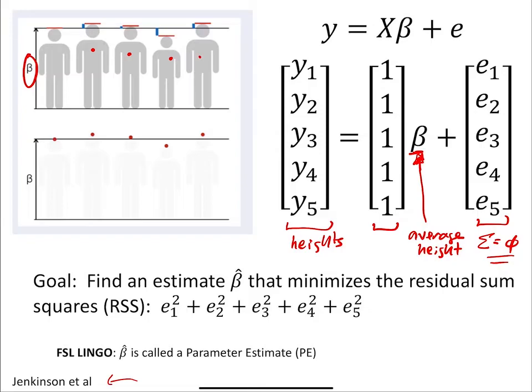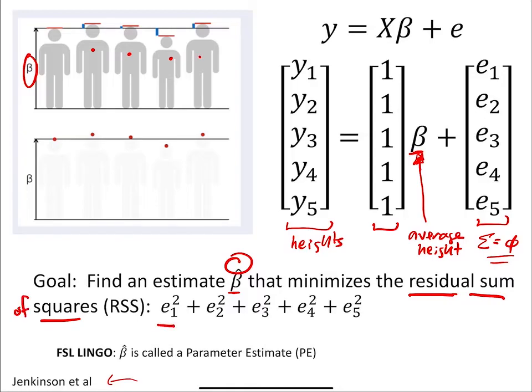So our goal is to find the beta hat. We'll use the hat notation to denote an estimate. Beta without a hat is what nature decided, and our guess of beta is beta hat. We're going to use the beta hat that minimizes what's called the residual sum of squares.